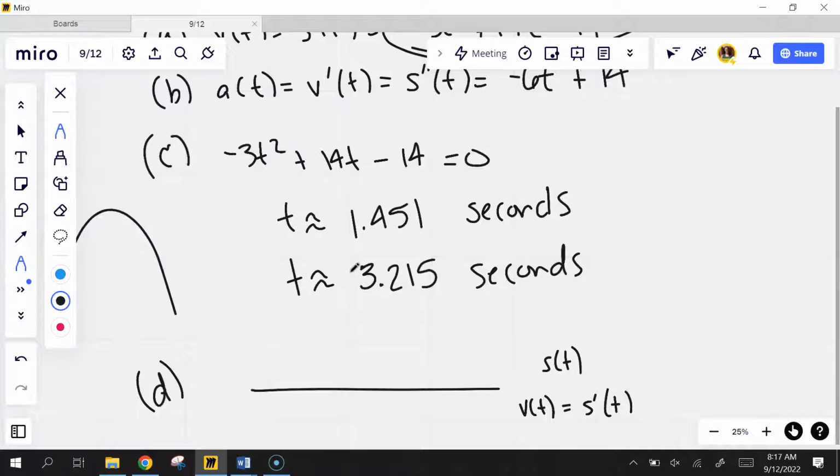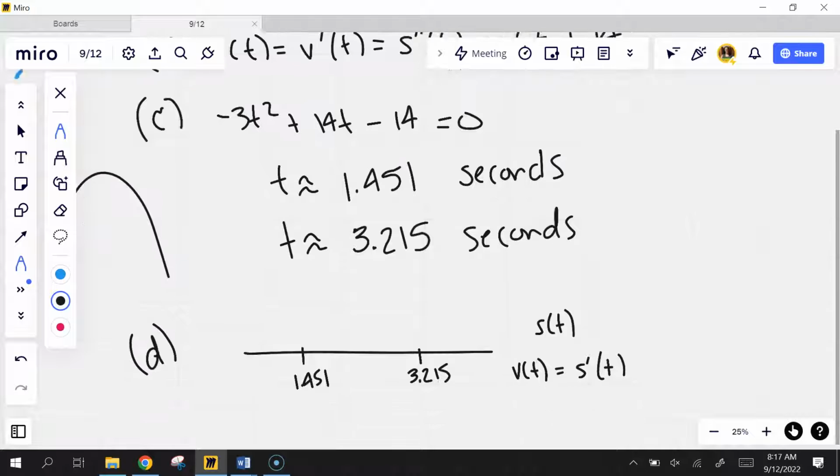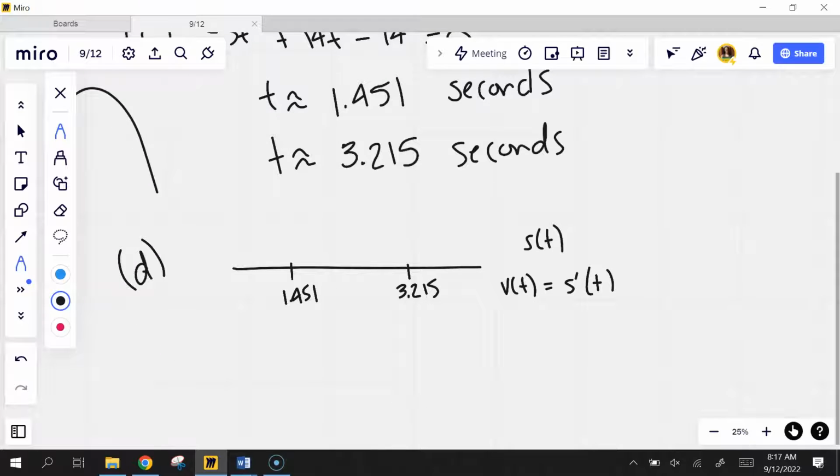And I'm going to put the zeros of velocity, or the zeros of the derivative, which there are two, 1.451, 3.215. Now remember, if the derivative is positive, that means I'm increasing on my function. The derivative is negative, I'm decreasing, and if it's 0, then it's constant, right? So we're going to use that kind of reasoning and see if we can figure out what's going on here.